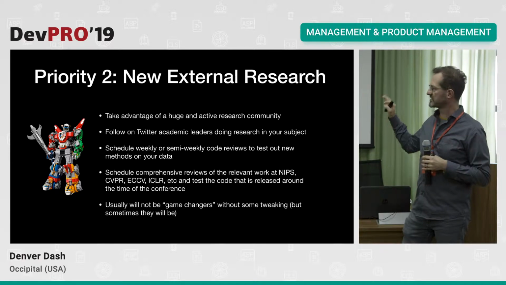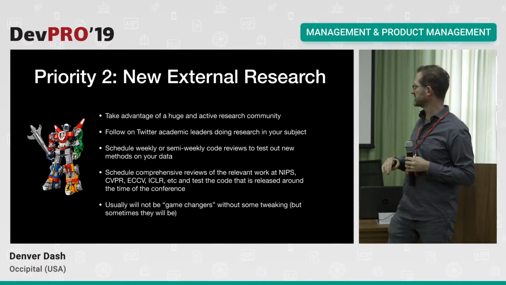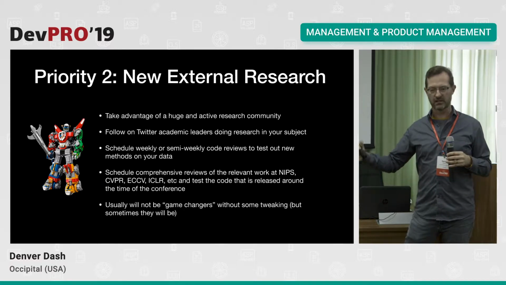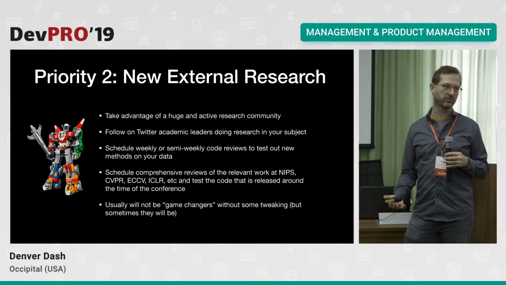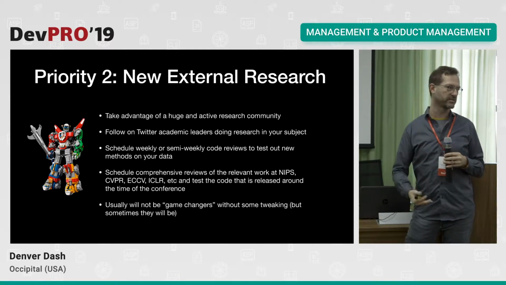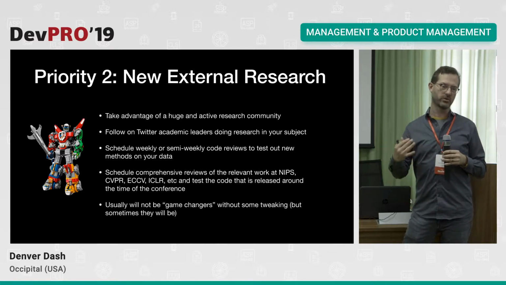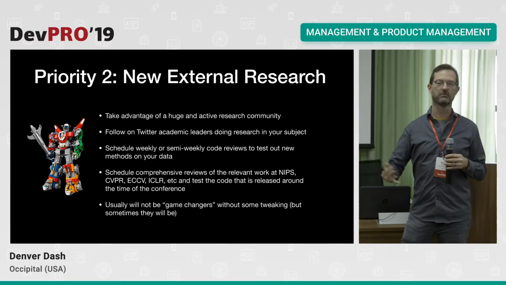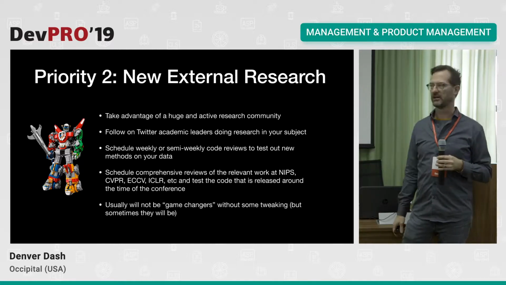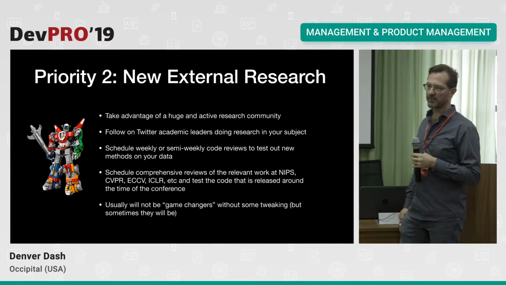The other effective way, aside from Twitter, is when the big conferences come out, there's always a big dump of open source code from those papers and those conferences. So with those conferences, you can take advantage of the peer review system to understand which are the best out of the thousands of things that have been released in the past month, the most promising works to try.